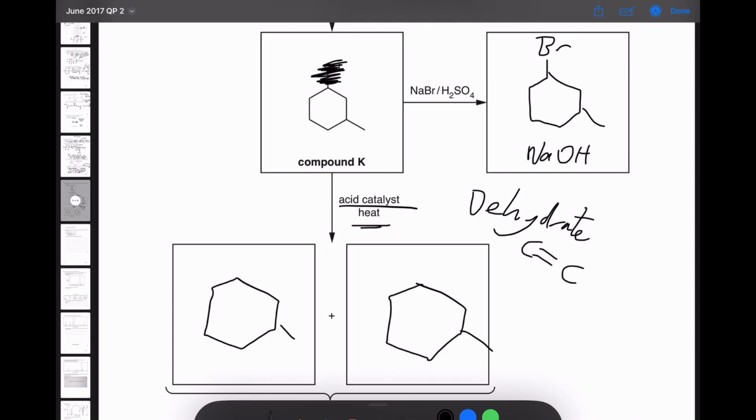If the OH was here and now it's gone, and it's taken another hydrogen with it, then a double bond forms here or here. And those two are structural isomers of each other, so those are our 2 products.